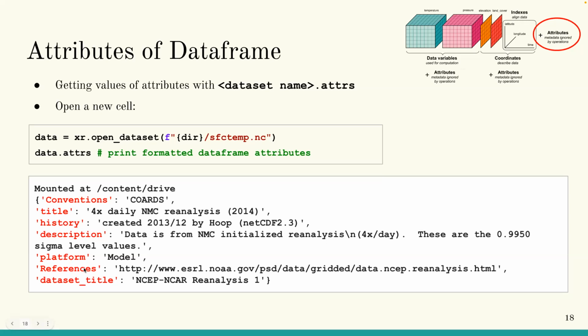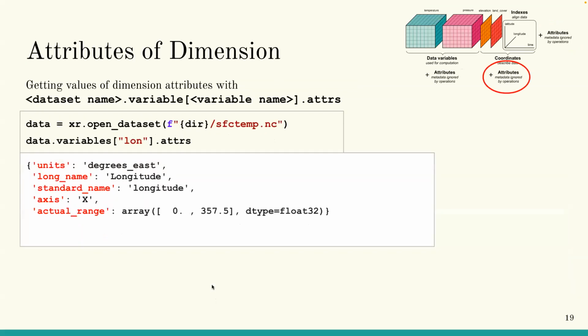You might not understand these. If you want to find more information, they give you the hyperlink, and this is the name of the data. So you can actually download that. It's free online, actually. It's from the US government. So what about the attributes of the dimension? How do we get hold of the attribute of a dimension?